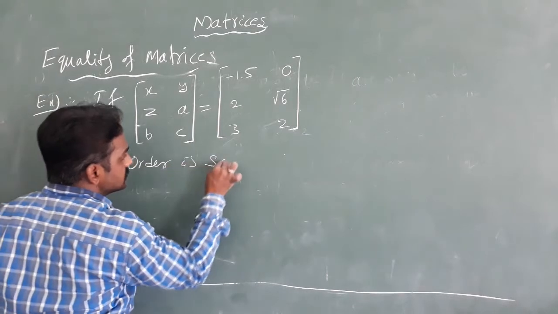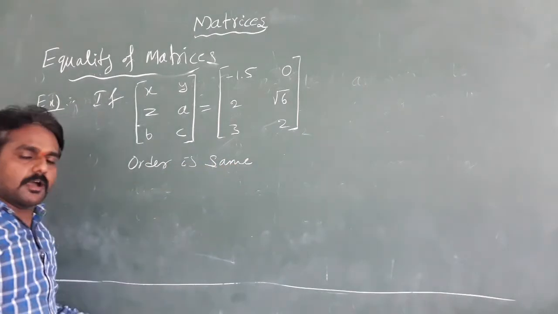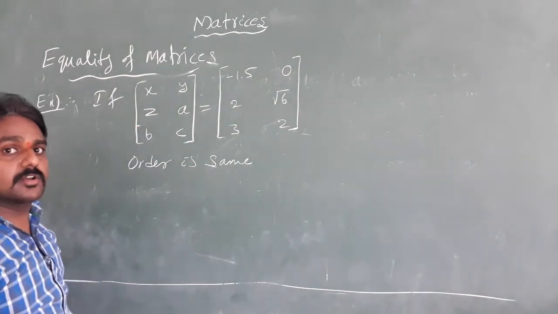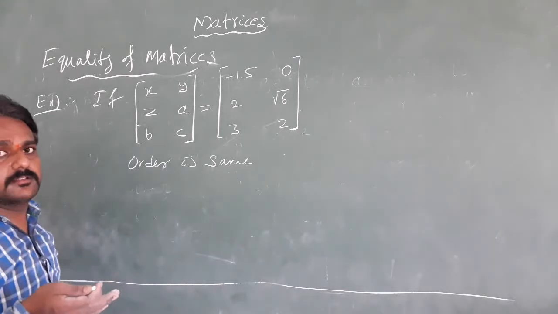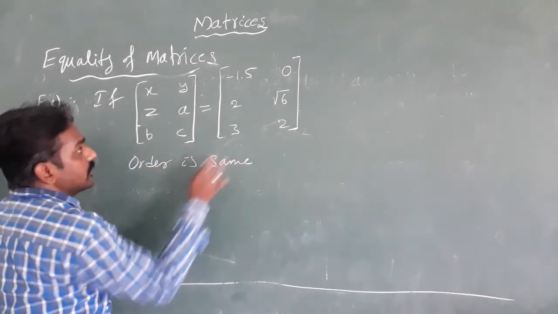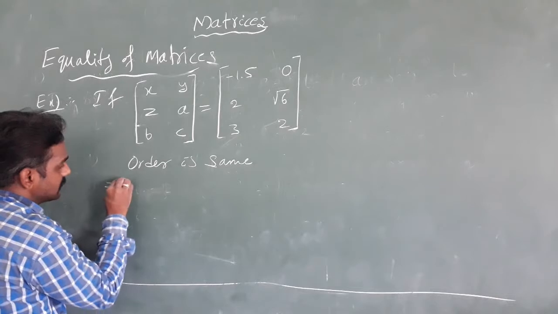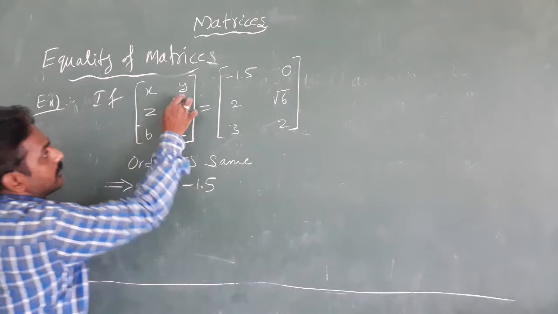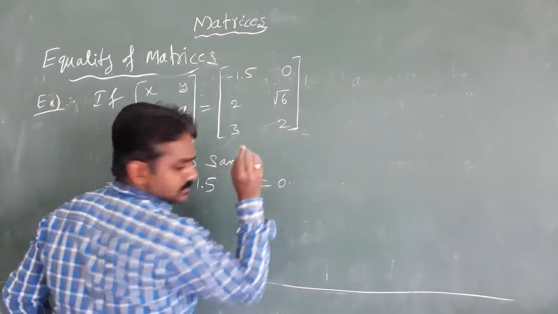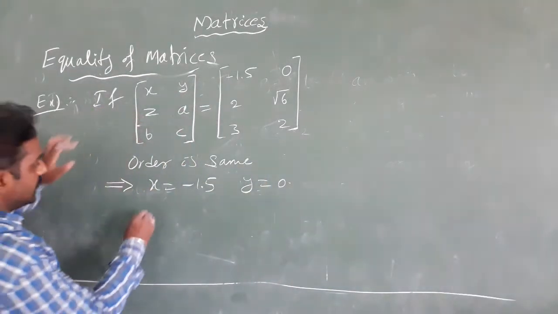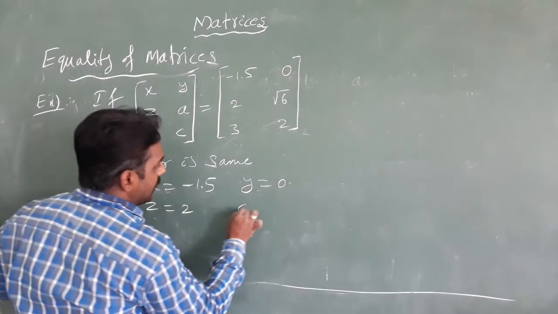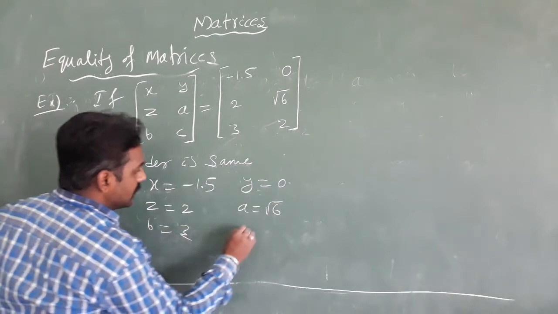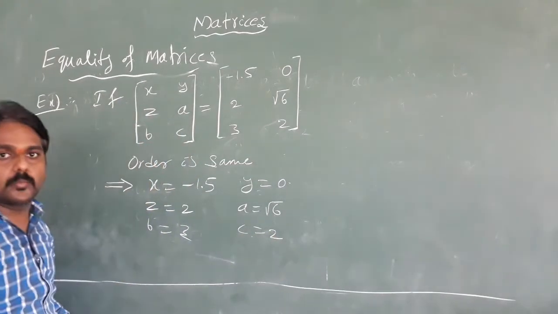So once the order is same, the first condition of equality of matrices is satisfied, then you are going to equate the corresponding elements of both matrices. It implies x equal to minus 1.5, y equals 0, z equals 2, a equals root 6, b equals 3, and c equals 2.